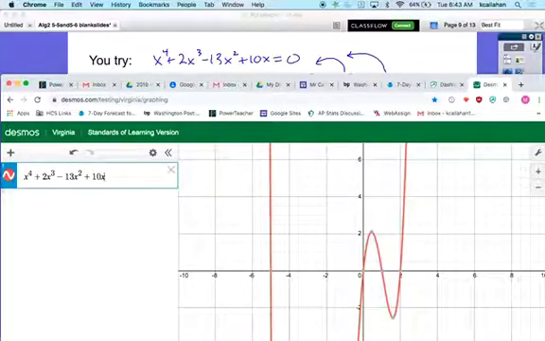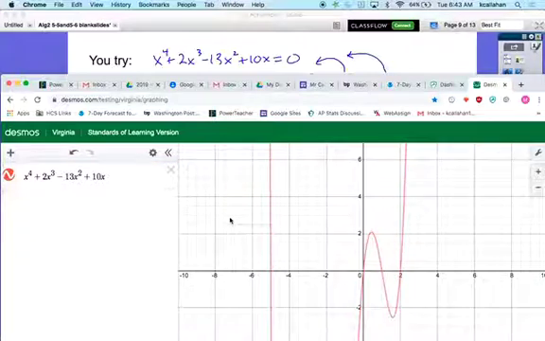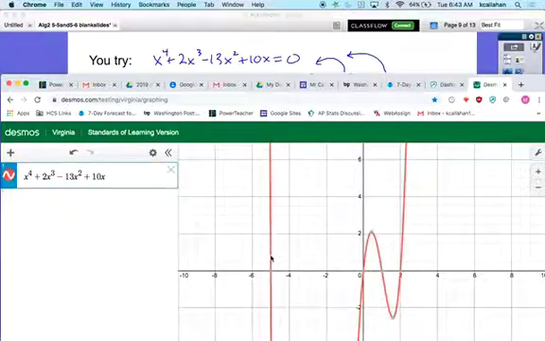So does that look right? That looks right. Here's our graph. It's a quartic polynomial. So we should expect that there's going to be 4 complex zeros. In fact, I see 4 x-intercepts. I say zeros. Zeros are roots. I see 4 x-intercepts, -5, 0, 1, and 2. So let me snip it.